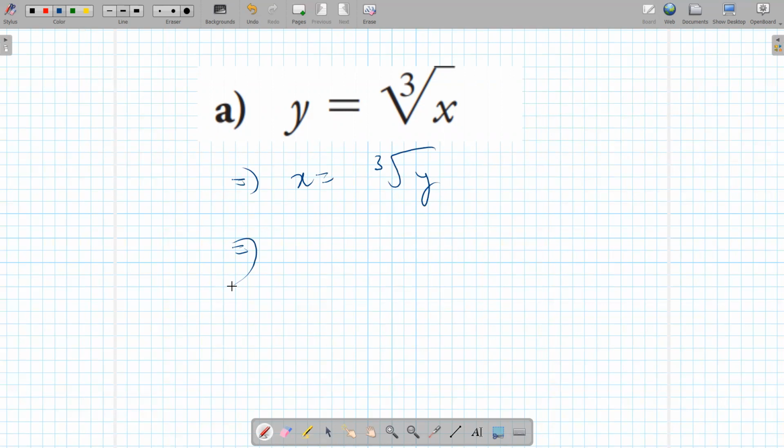What do we do on both sides? We need to get rid of this cube root. What's the opposite of cube root?